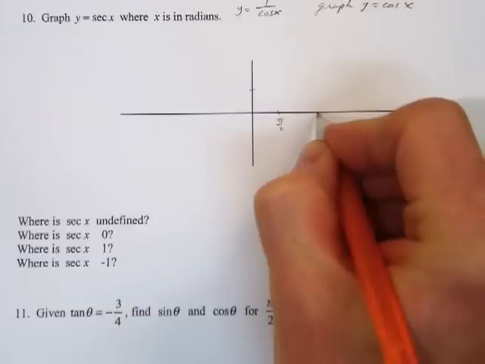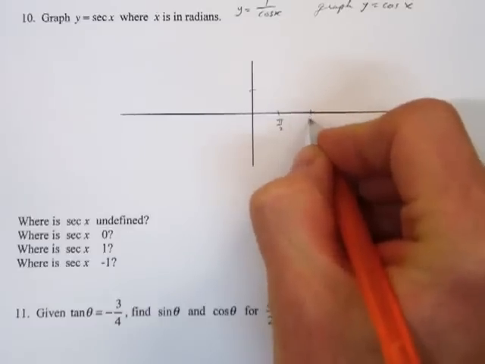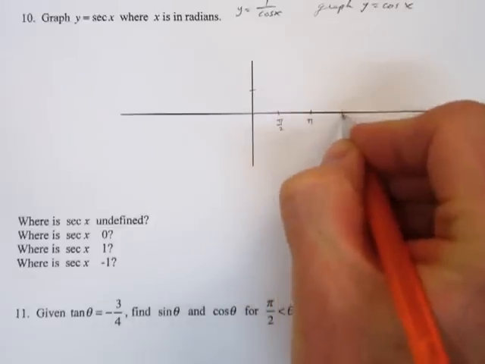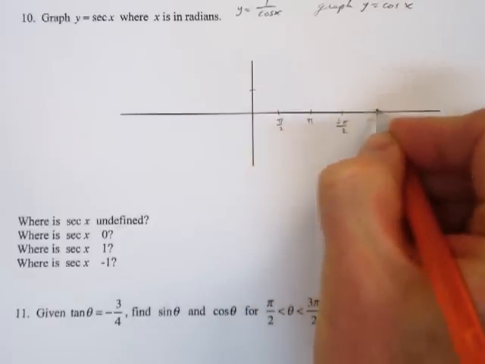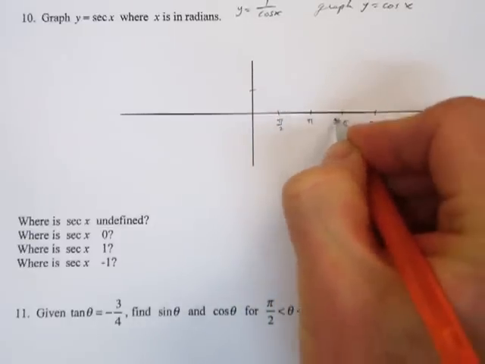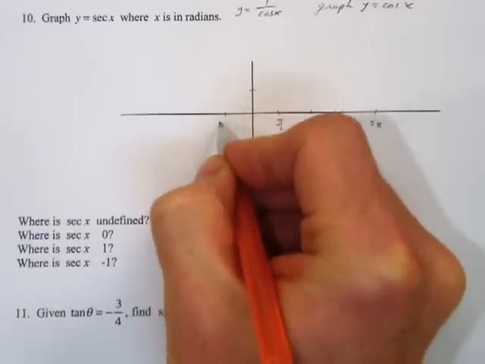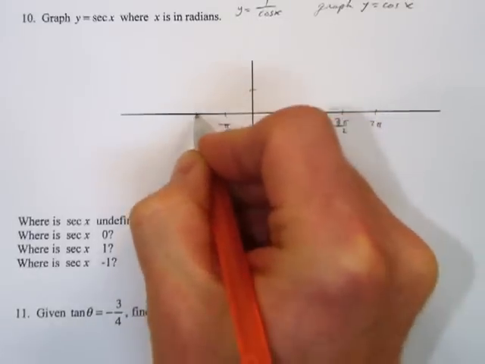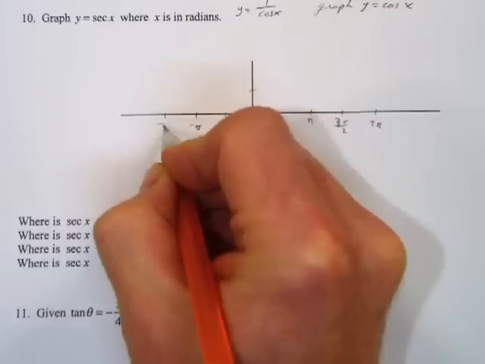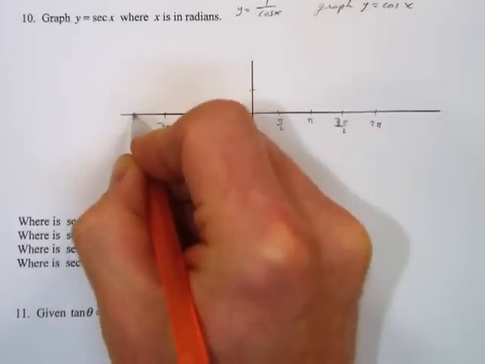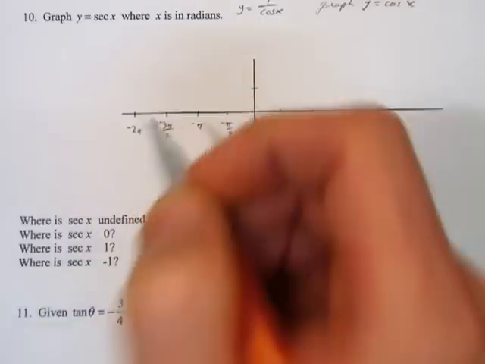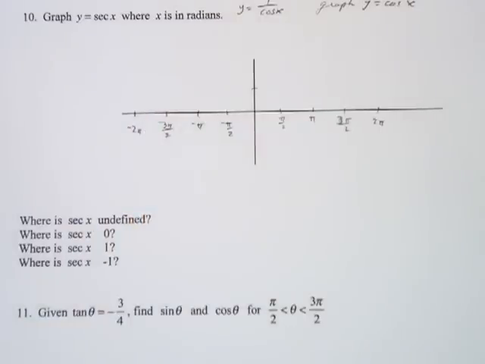Whenever you're graphing, you're always going to label 5 key points: pi over 2, pi, 3 pi over 2, 2 pi. And then we'll go, for right now, in the opposite direction. Since you know the basic shape of the cosine graph and the sine graph, all we need to do is get a few points down there, and then we'll be fine.